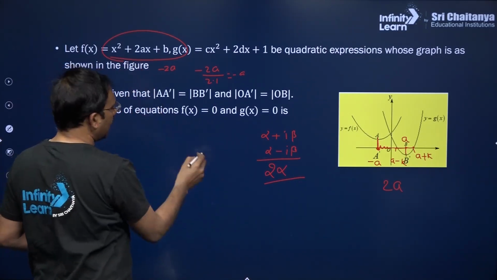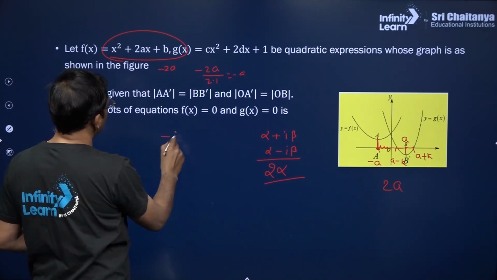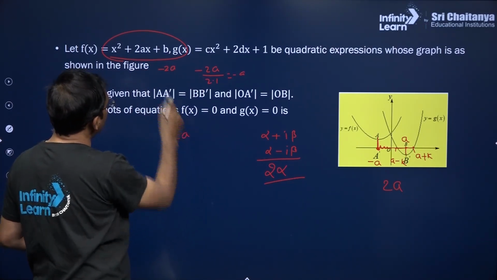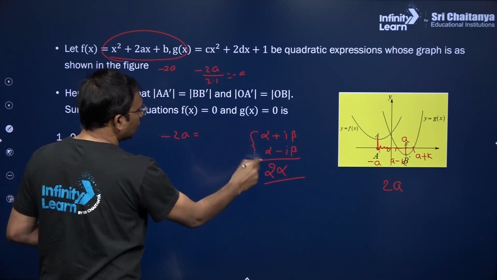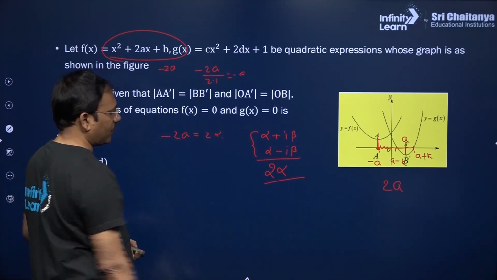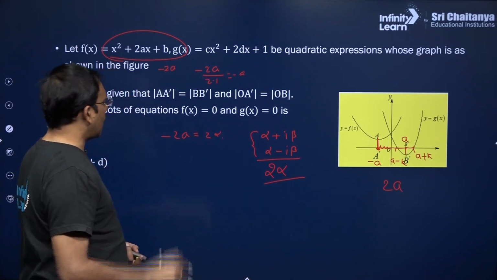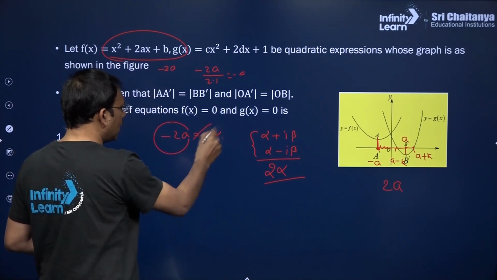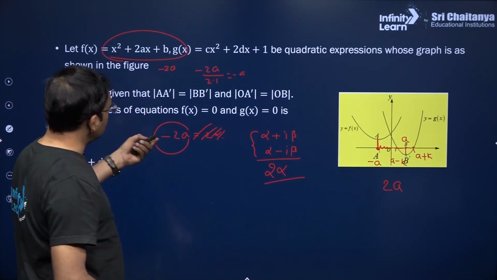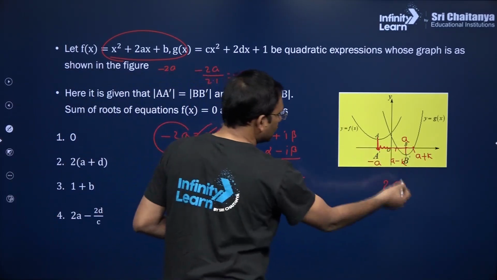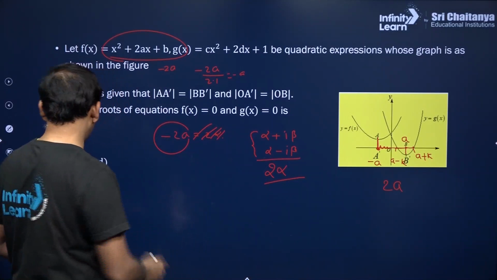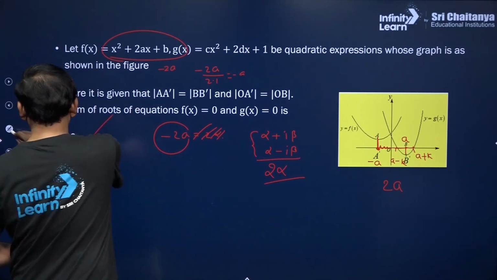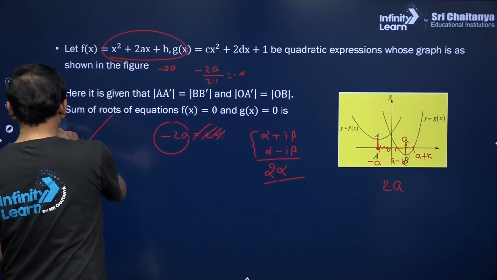Sum of the roots, actually according to the equation minus b by a, minus 2a, is going to be the sum of the roots, which is 2 alpha, my dear friends. So, he is asking the sum of the roots, which is nothing but minus 2a here, you needn't take 2a. Here the sum of the roots is minus 2a, here the sum of the roots is 2a, therefore the total sum is going to be 0, my dear friends, it is going to be 0.